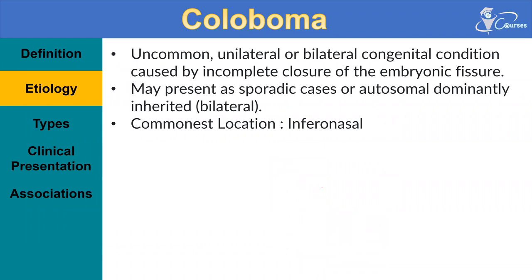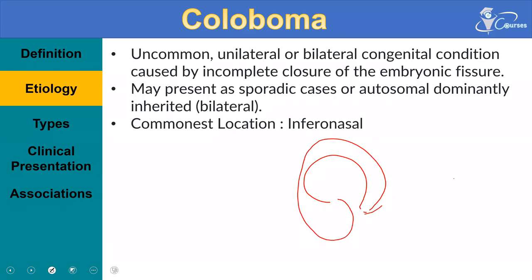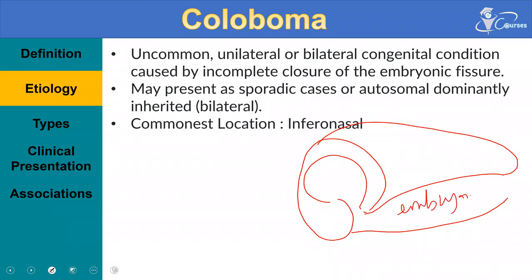So let's say this is called the embryonic fissure, which will include the optic nerve, the central retinal artery, and central retinal vein, which are the hyaloid vessels during intrauterine life. This embryonic fissure should be closed in the 3rd trimester, and this will result in closure of different ocular structures.